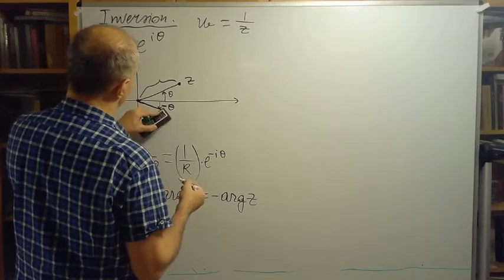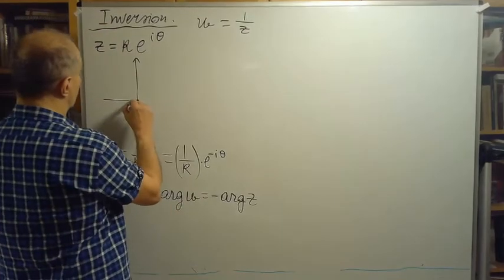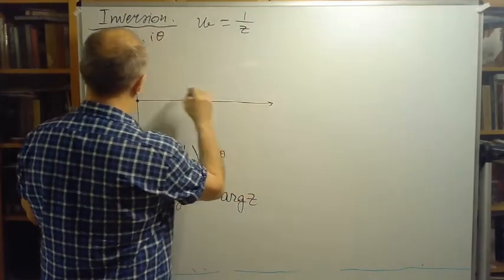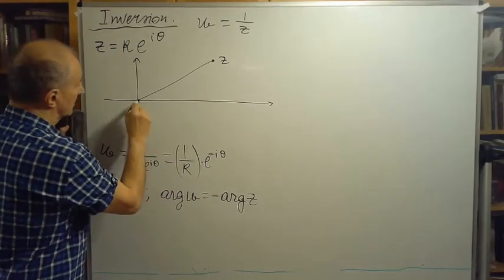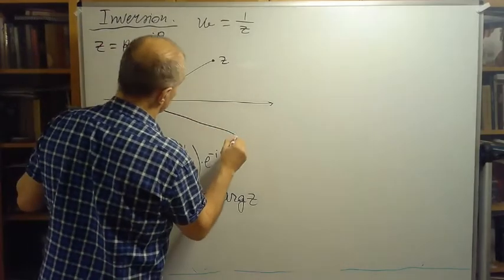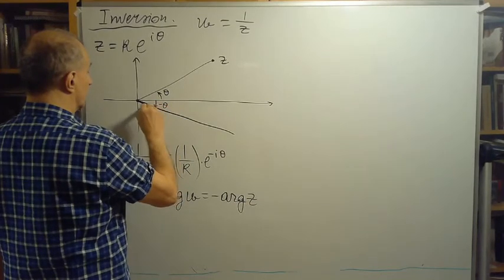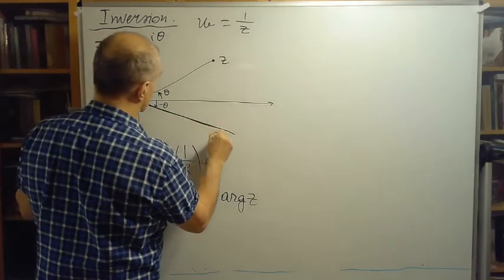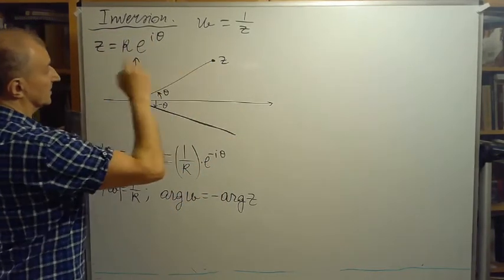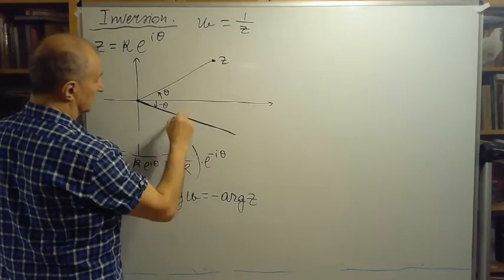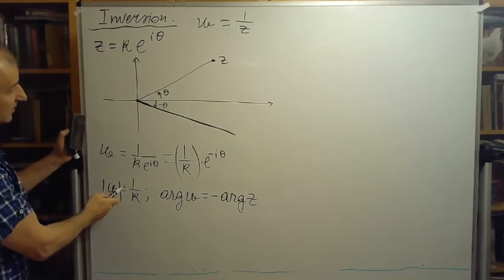So for instance, let me make a bigger picture, it will be more convenient. If this is number z, this is angle theta, this is angle negative theta, right? W must lie on the same ray. I will suppose, just for this picture, that the modulus of z is greater than 1, then the modulus of w will be less than 1.